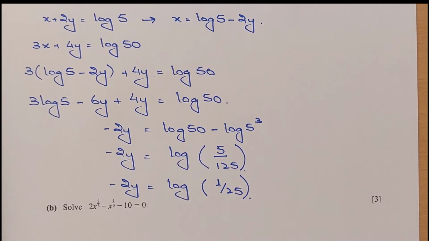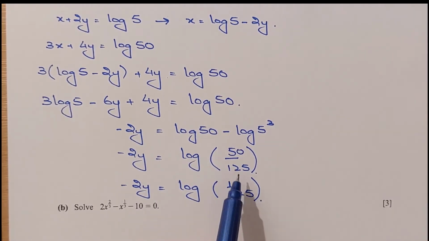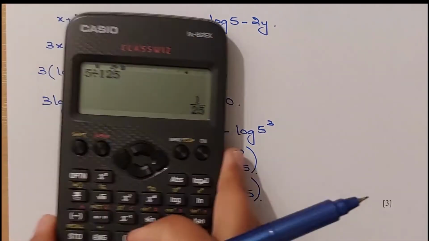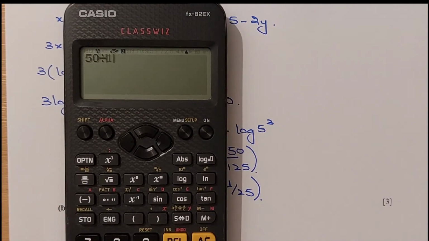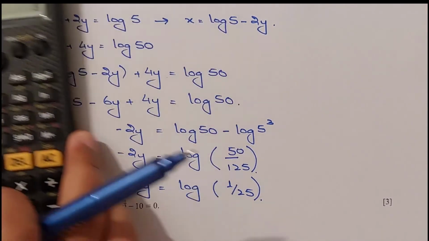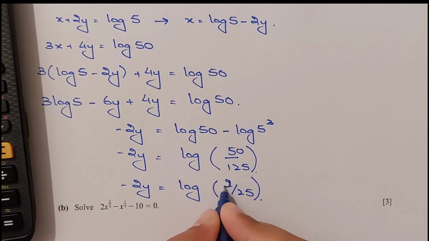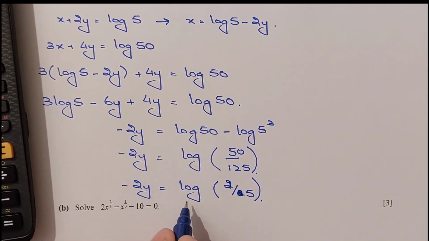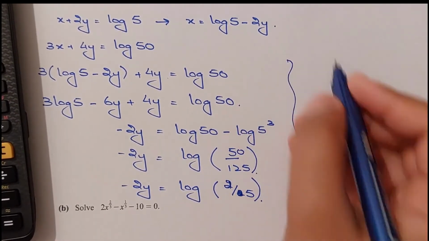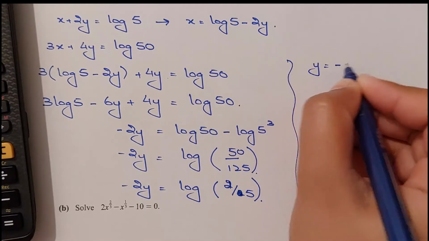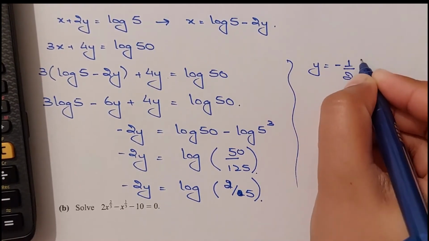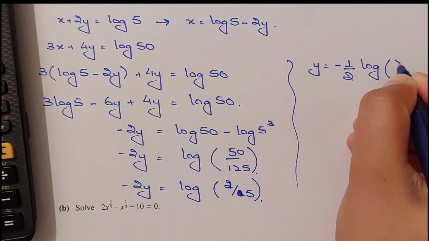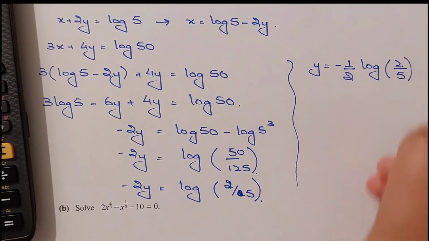Let me open this. So here we have 50 over 125. 50 divided by 125 is 2 by 5. Sorry, this is 2 by 5. Okay, and to solve for y, we need to divide by minus 2. So we can say y equals minus 1 by 2 log of 2 by 5, right?